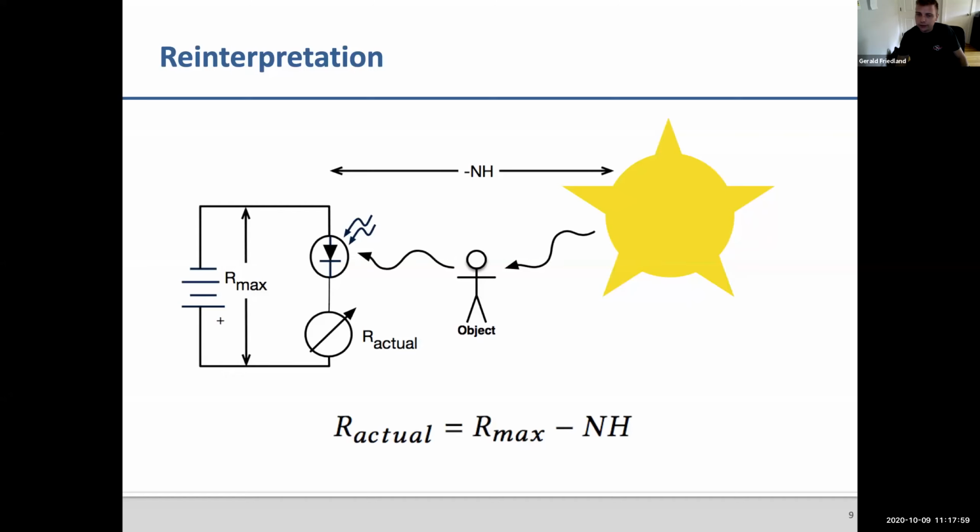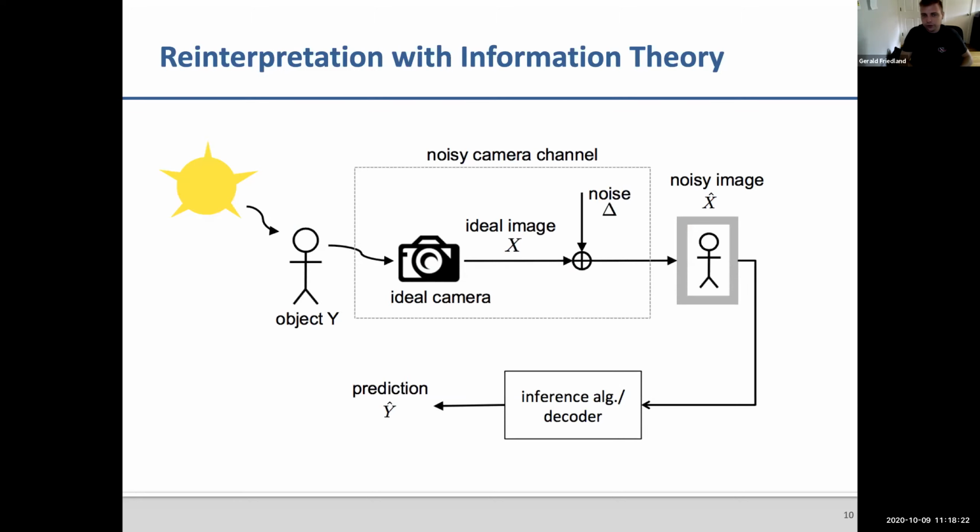And then we can completely forget R actual and R max because we're not really interested in them. I mean, R max is 8 bits for 1 pixel, for example, right? So we know it's 8 bits minus the noise bits times the actual content bits gives you the actual bits of the image. Right?